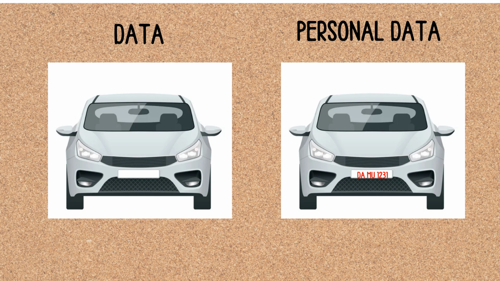But when I put the plate number, the car number on this particular image, I can easily trace back that this car belongs to a female called Pooja. So this becomes the personal data.